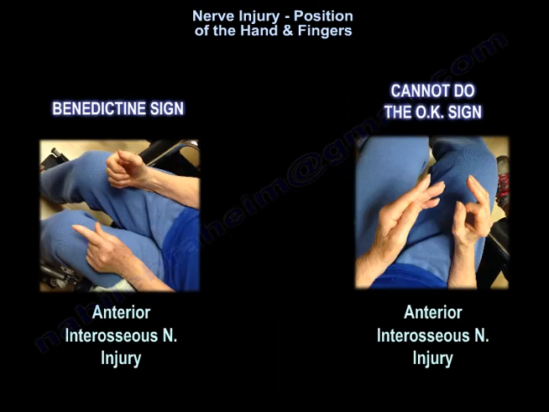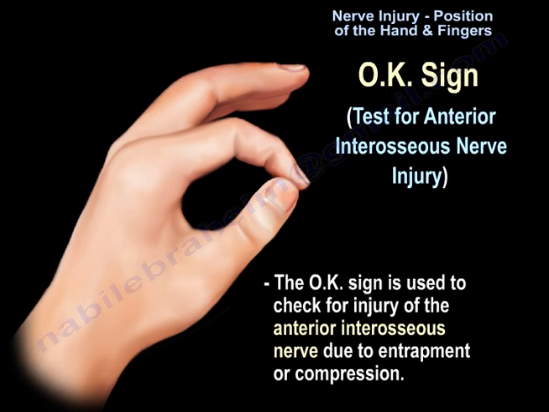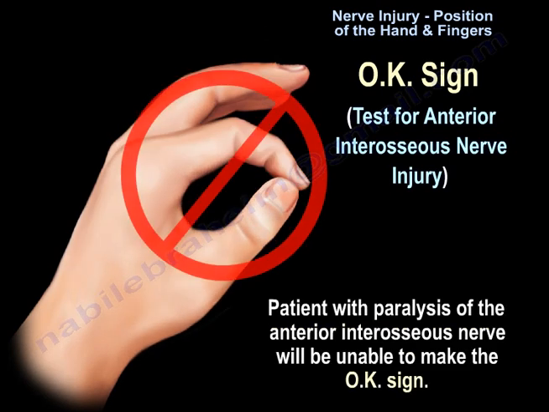The OK sign is a test for anterior interosseous nerve injury. The OK sign is used to check for injury of the anterior interosseous nerve due to entrapment or compression. The patient with paralysis of the anterior interosseous nerve will be unable to make the OK sign.